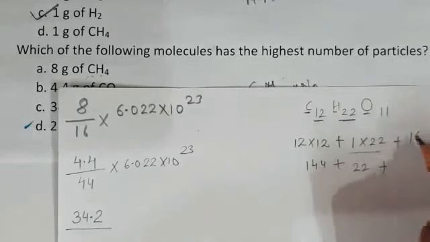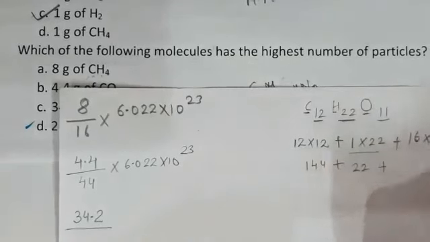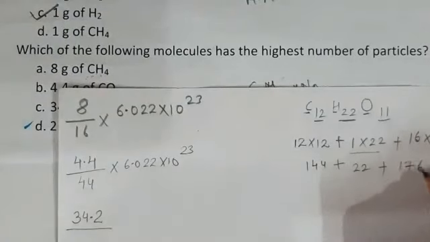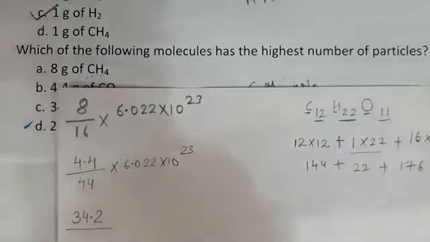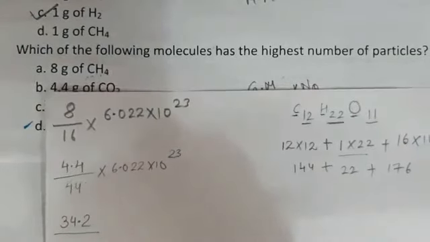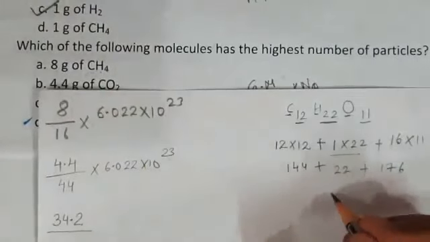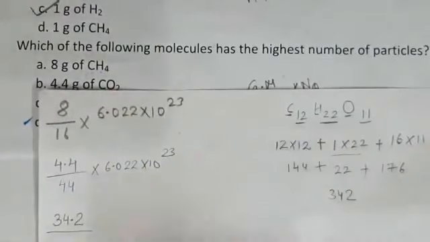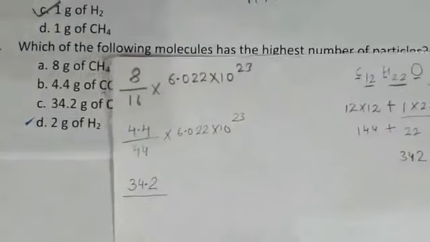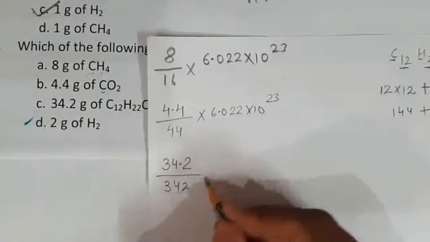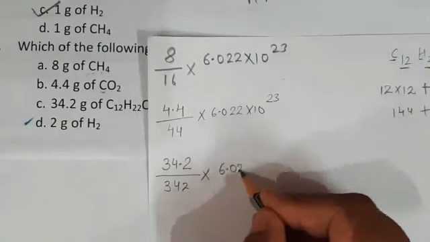How many oxygen are there? 11. 16 into 11 is 176. Just add these values: 144 plus 22 plus 176 will be 342. So given mass 34.2, molar mass we calculated 342, into Avogadro's number.